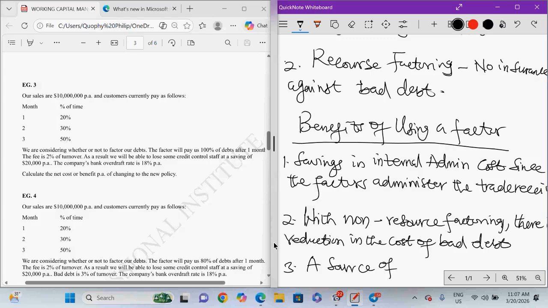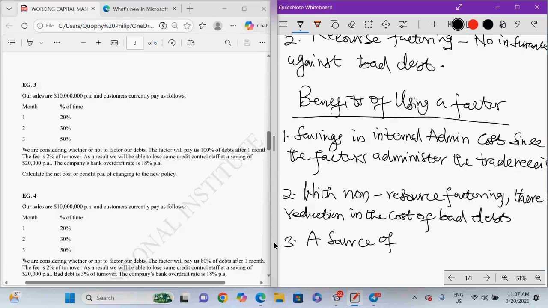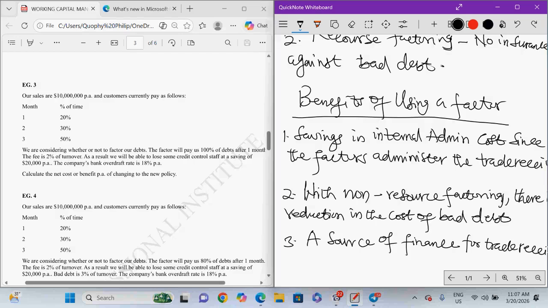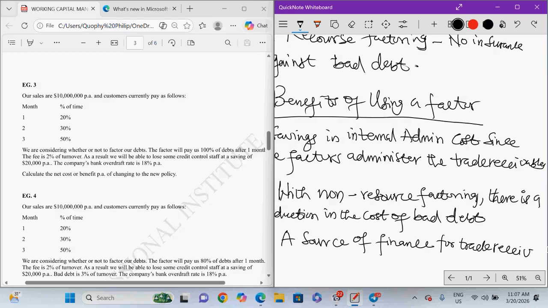When they are done getting the 100%, they will bring you the remaining 10% less any service charge, right? So a source of finance for the trade receivables.